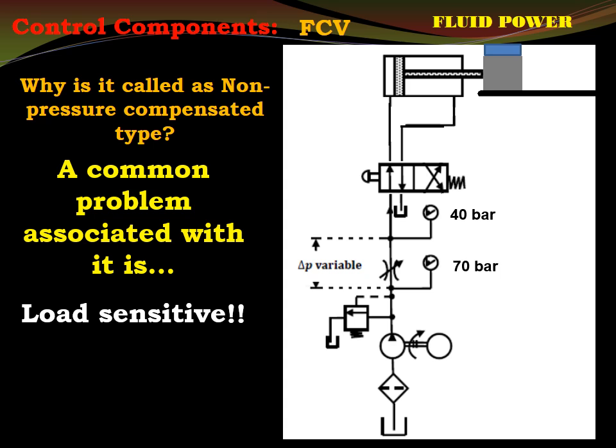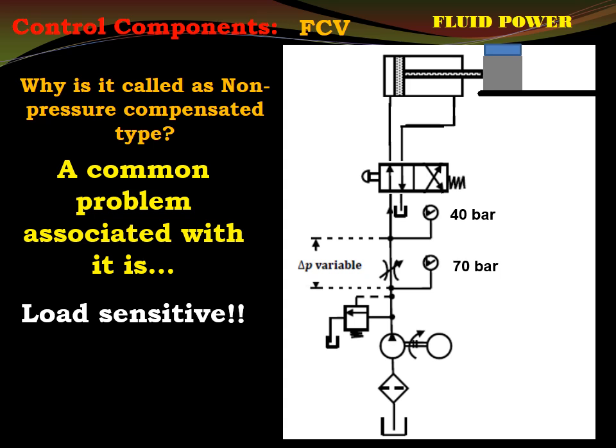What we want is that whatever may be the load, speed of actuation should remain constant. But in this type of valves, that is not going to happen. Change the load, speed of actuation will change.